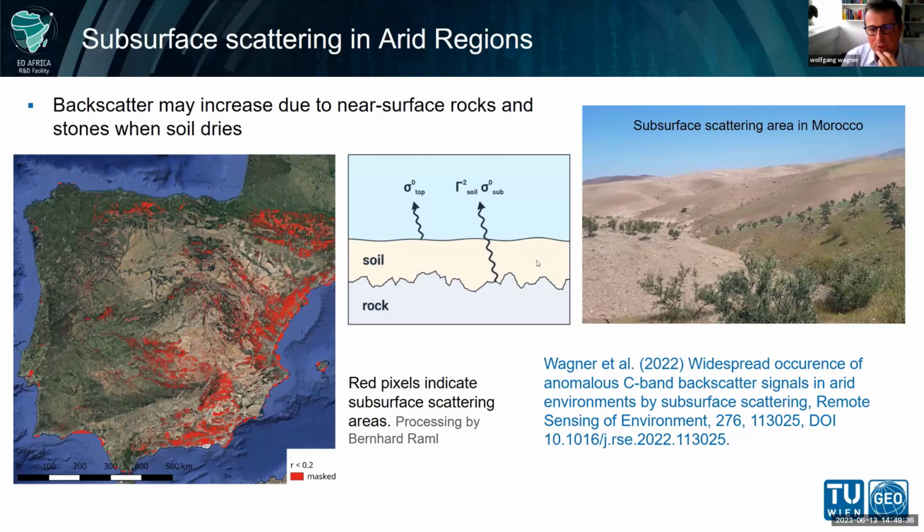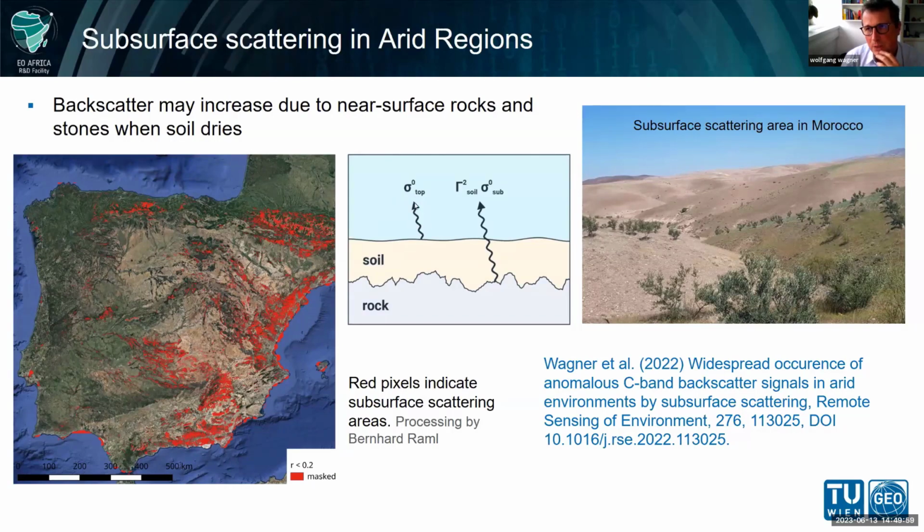If the sand is very dry, you get a very strong signal from the rock. There's a little bit of damping from the sand layer, but overall the signal would then be dominated by this rock surface. Now, if this layer of soil gets wet, two things happen.